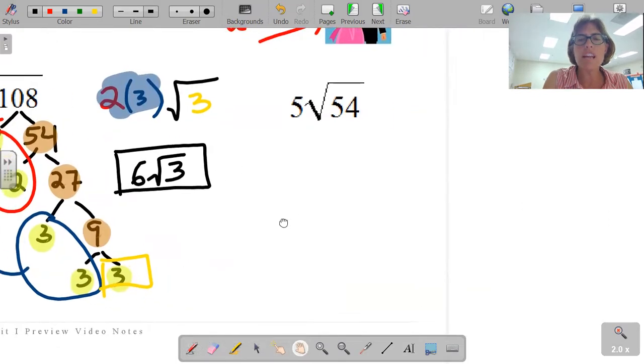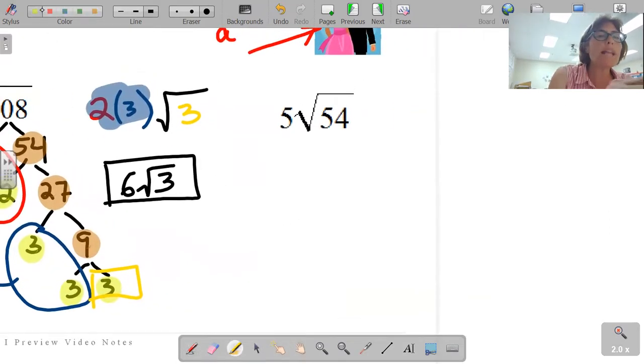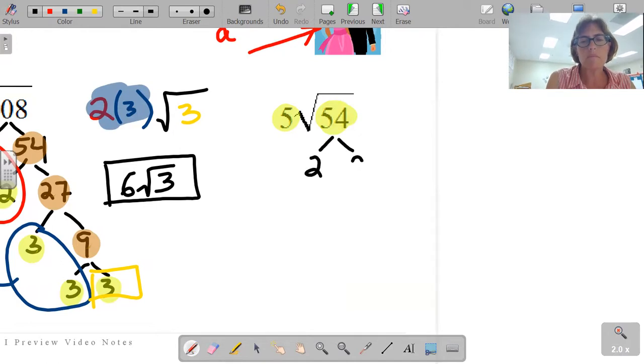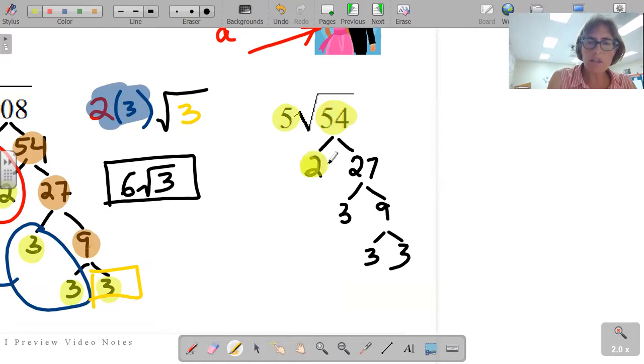Let's do the next simplification. Now we have something already on the outside, and we are going to simplify what's on the inside. Once again, you're only looking at these prime numbers.